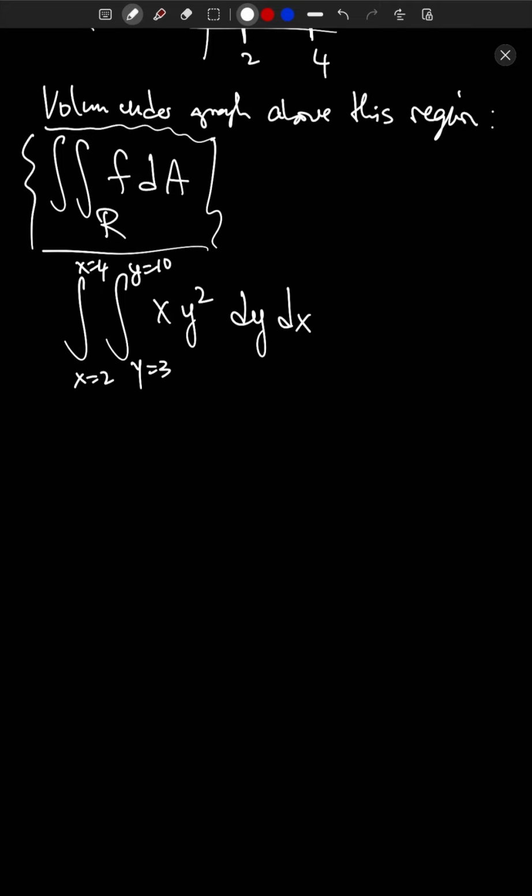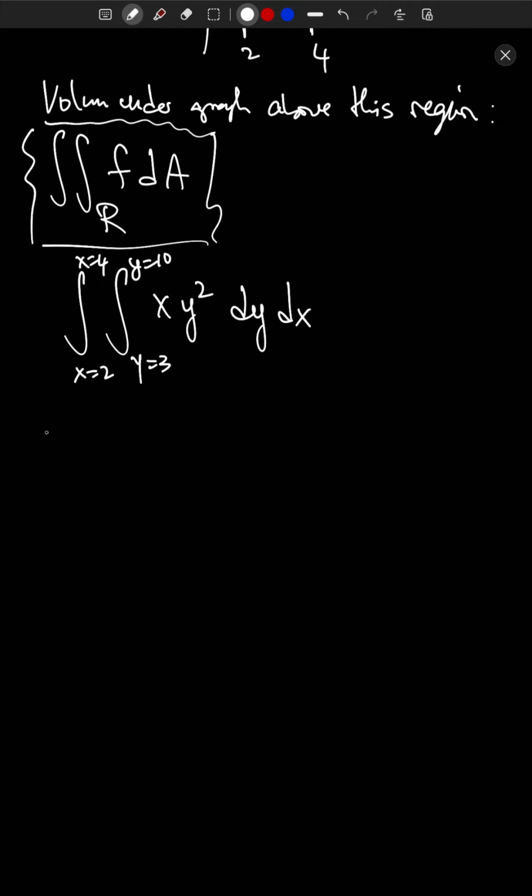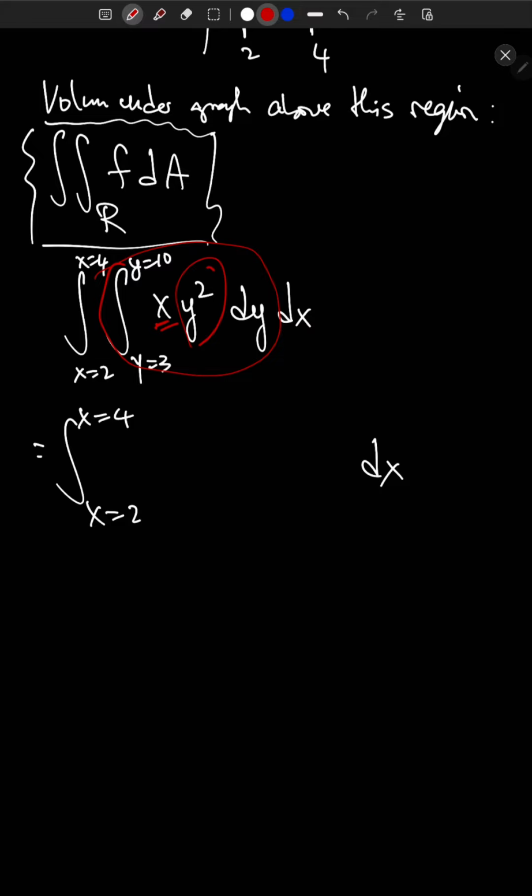So now let's just do it. The way we do this is we just do the inner integral first. The outside stuff just comes along for the ride, dx. And then for the inner integral, we just treat x as a constant. So we're essentially just integrating the y squared. The x comes along as a constant in front.